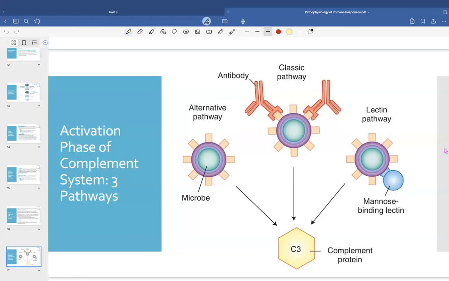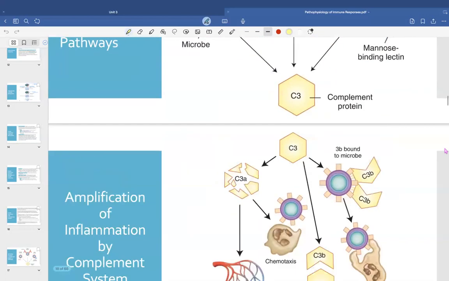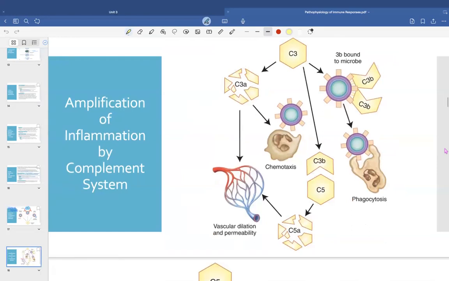So it's breaking down the complement, it's dilating the capillaries, and it's drawing more inflammatory cells into the area to help with phagocytosis. So it's ramping up, amplifying the effect. Then that C5 complement goes through and can itself target the pathogen and lead to destruction.